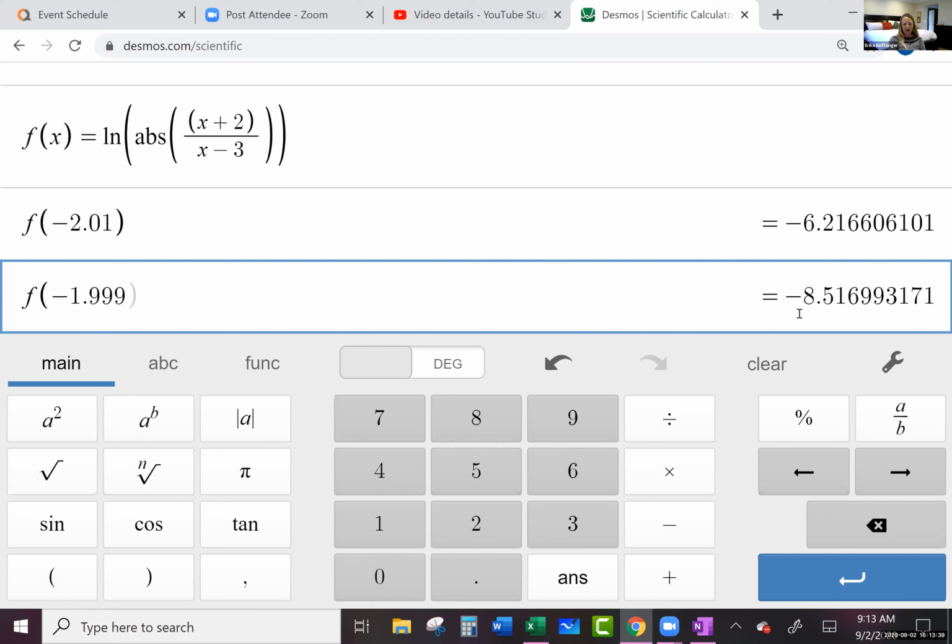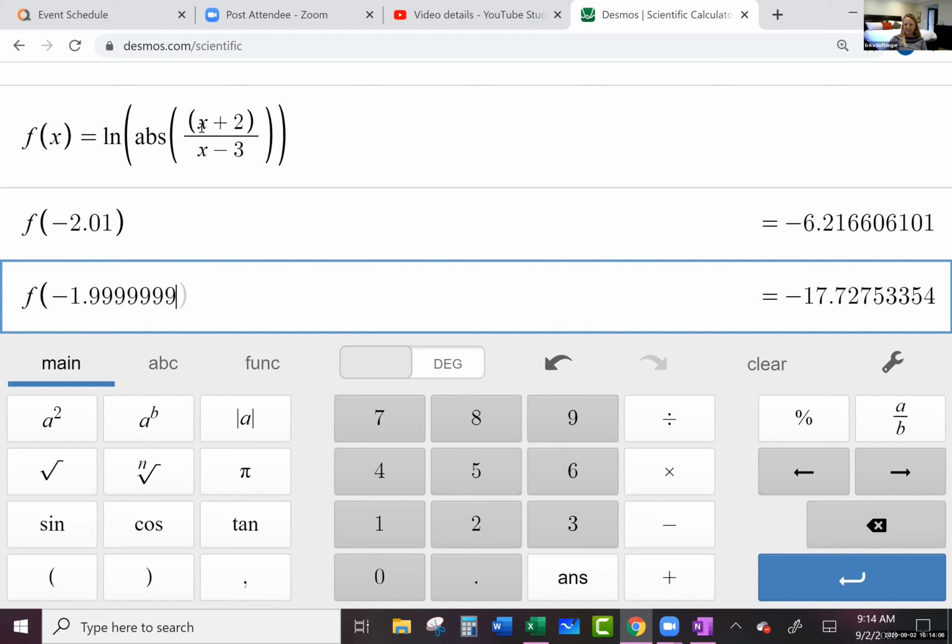Notice that it continues to decrease more and more as I add in more 9s: -13, -15, -17.7. So it's not going to one particular value as I approach -2, and so that's going to -infinity and again doesn't exist.